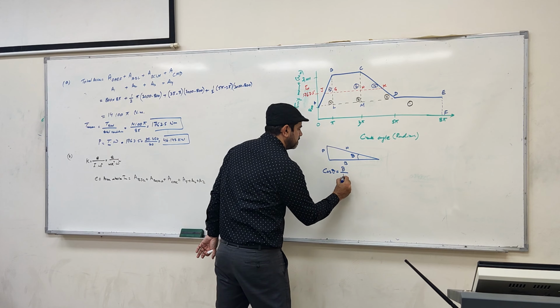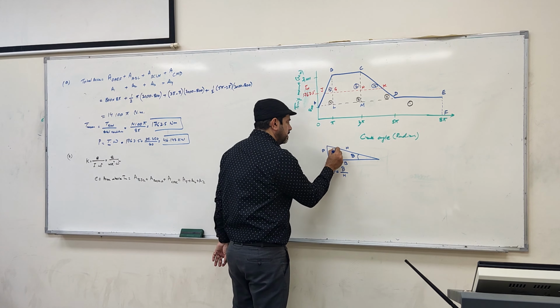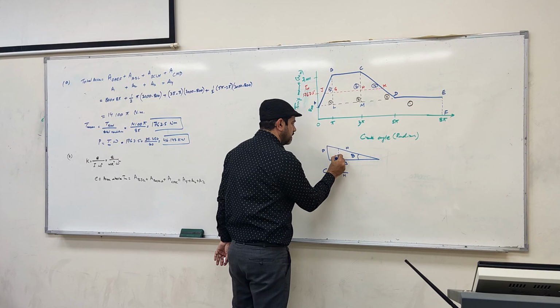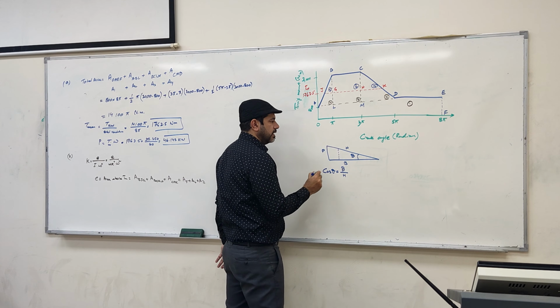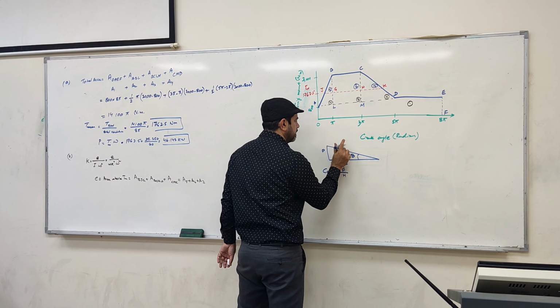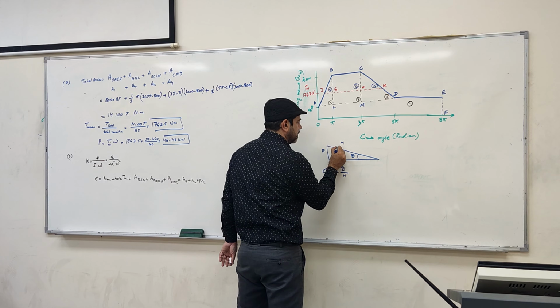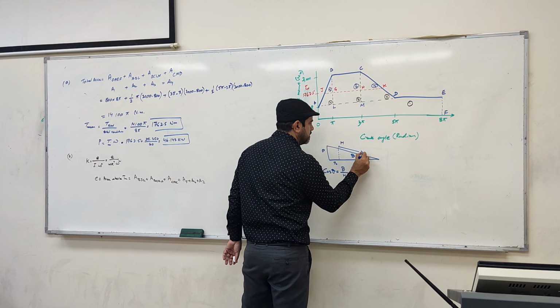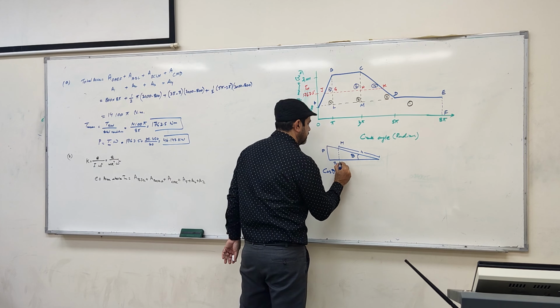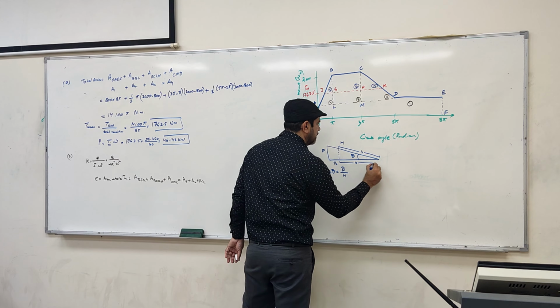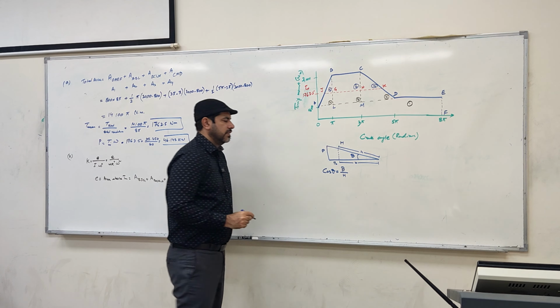Okay. If I make another line over here, okay, and this one is a small h, and this one is a small b, and the angle is not changed.